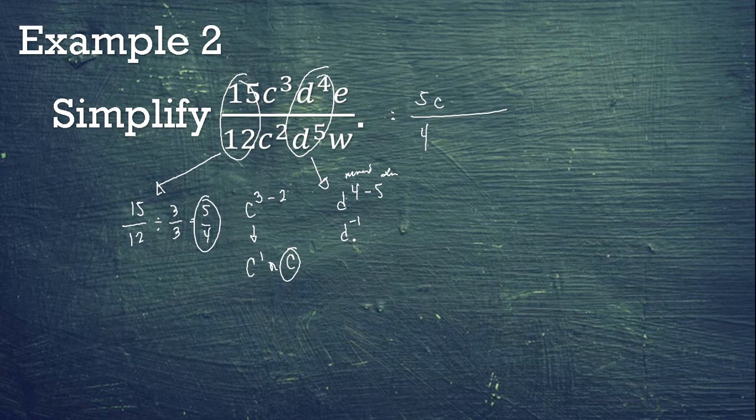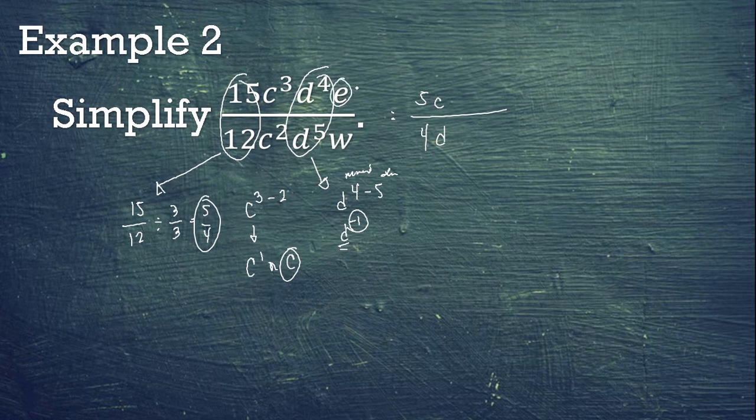Now in law of exponents, whenever we have an exponent of negative number, the variable will be written in the denominator. So you will have D in your denominator. Next, E. Let's check.